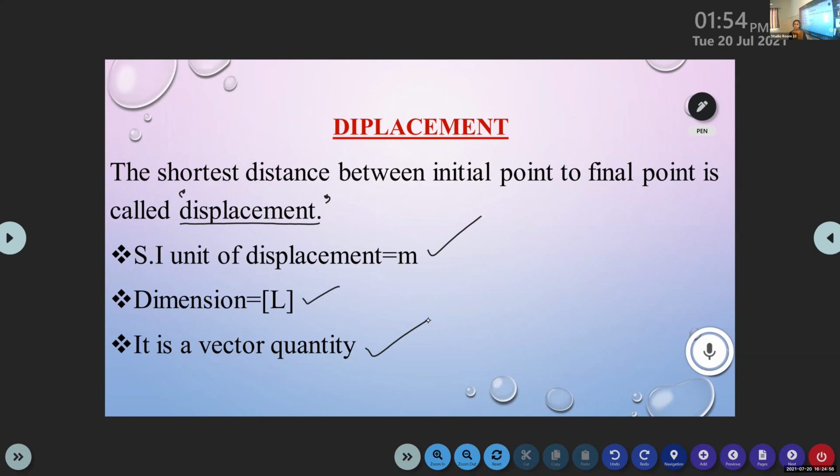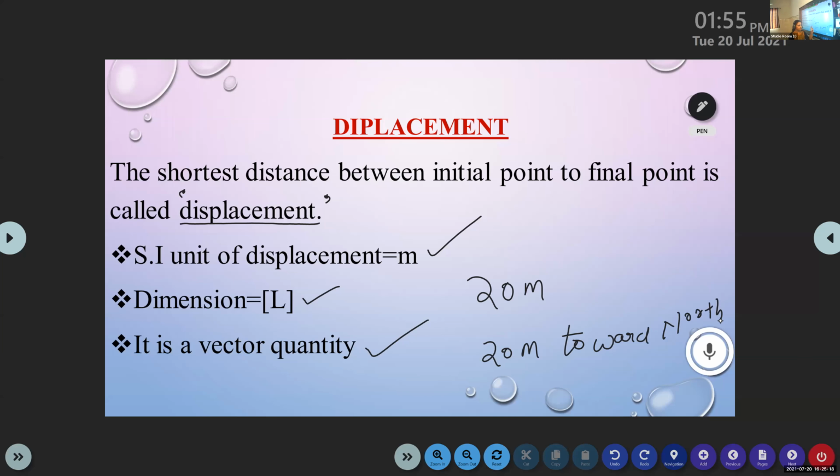We can specify the direction of a displacement of an object. So in questions, if it is given as 20 meter and 20 meter towards north, you can easily identify which quantity is specified.